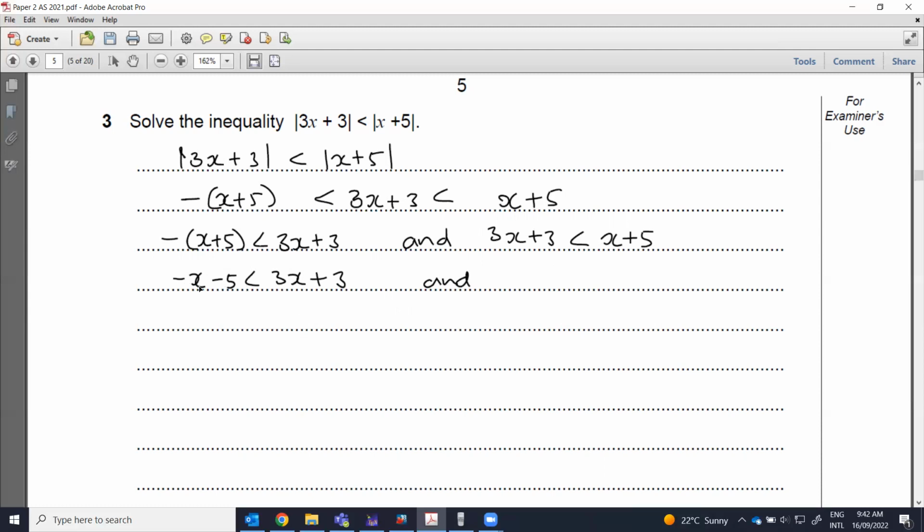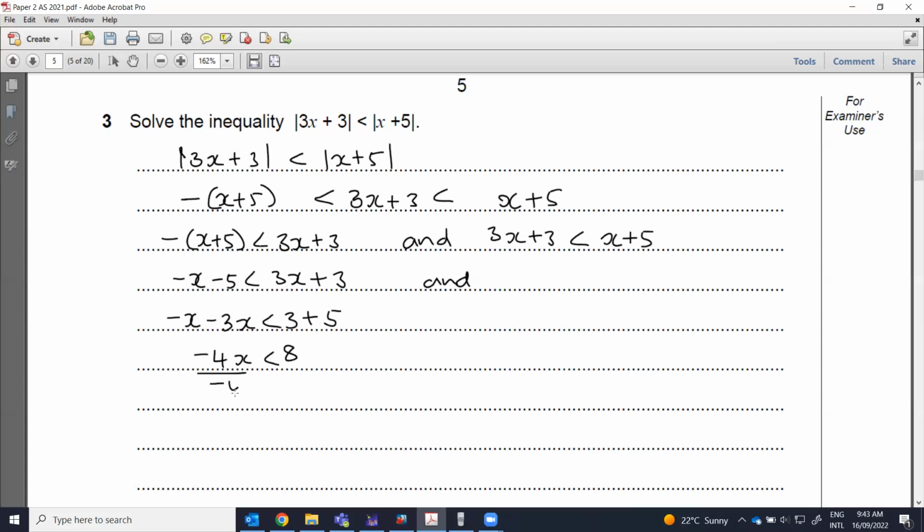So I have minus x, I'm going to subtract 3x, so the 3x will come this side, so I have minus x minus 3x, and then this minus 5 will go to the other side. The 3 is going to remain here, and then this minus 5 is going to go over and become positive. So minus x minus 3x, this is minus 4x, and then 3 plus 5, this is 8.